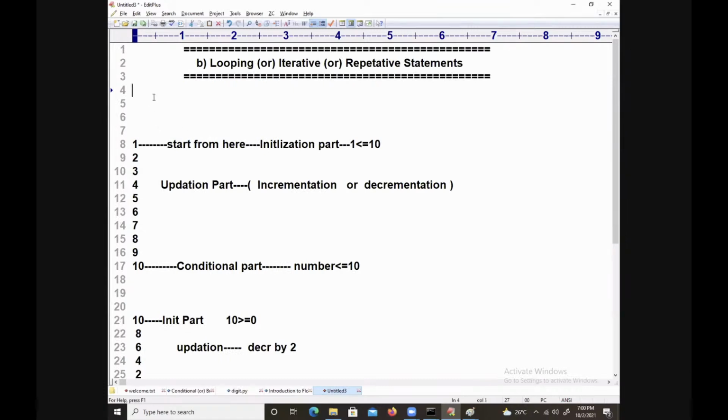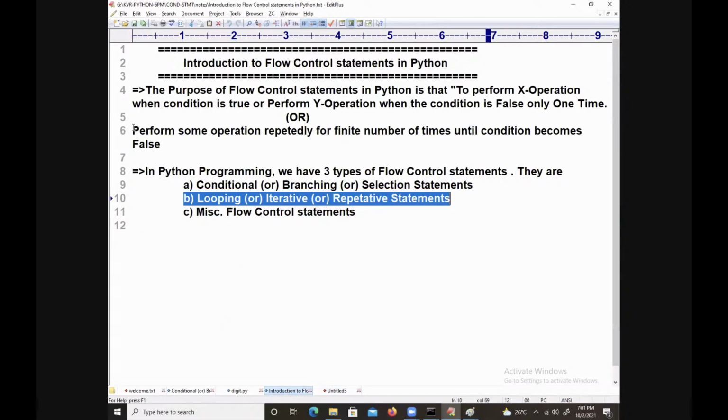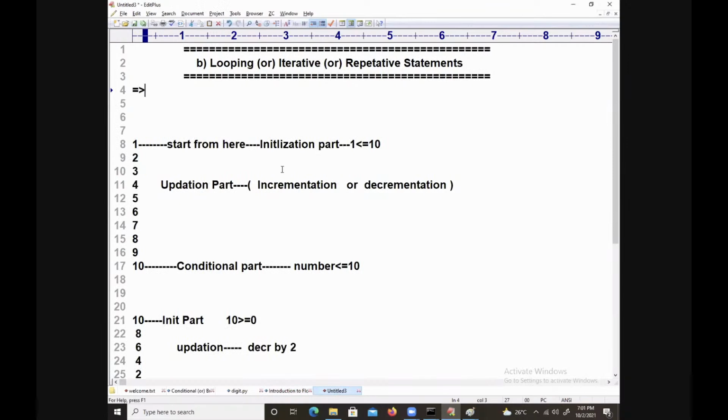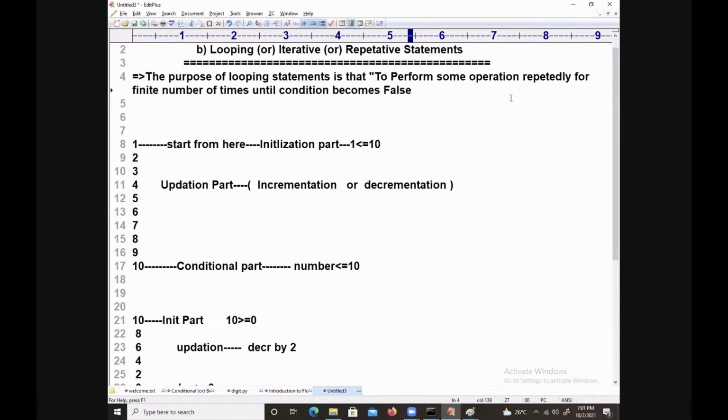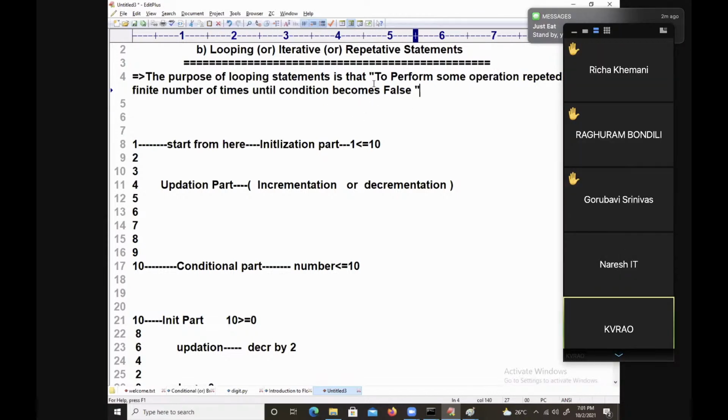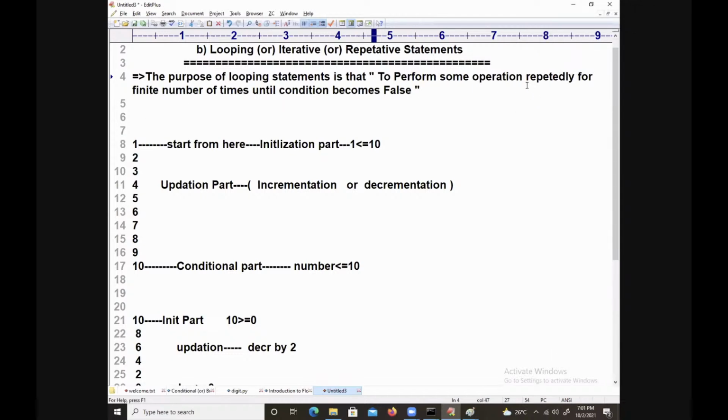So what I am telling here is, the purpose of a looping statement is to perform some operation repeatedly for a finite number of times until the condition becomes false.